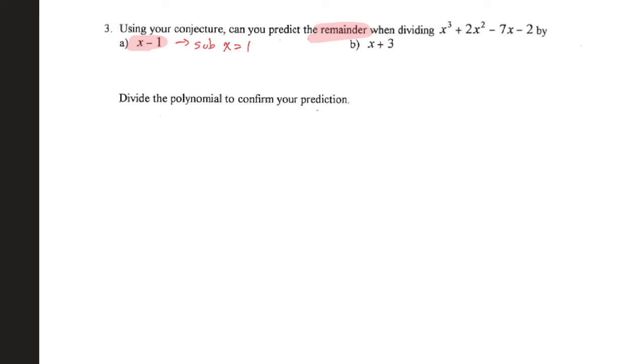So with a quick substitution, there's your 1 plus your 2 minus your 7 minus your 2, there's negative 6. Super fast, 10 seconds tops. We now have a better way to examine a remainder. You take a look at b, and we should be really fast to work through it.